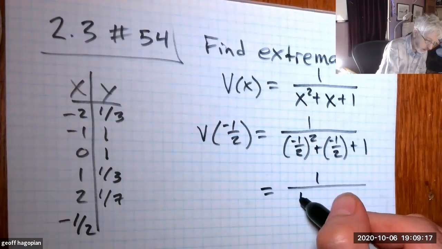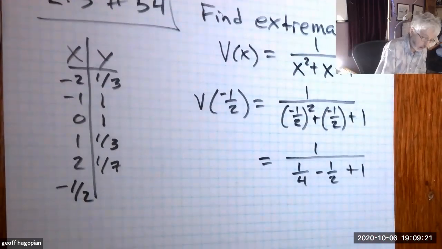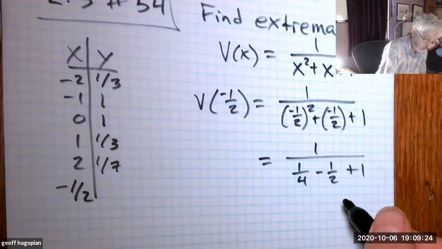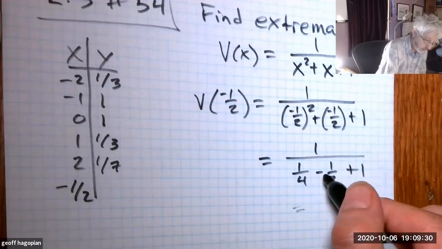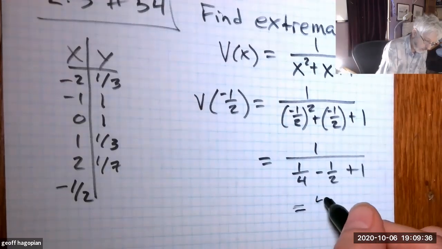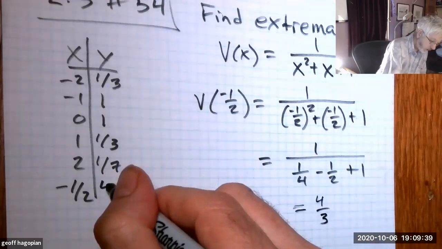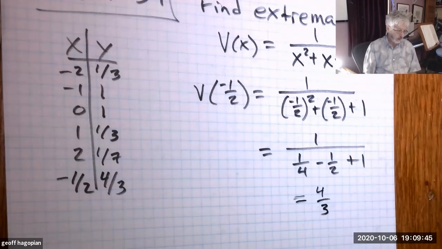So this is 1/4 minus 1/2 plus 1. This is -1/4 plus 1 is 3/4, and the reciprocal of 3/4 is 4/3. Notice that that's bigger than 1. So v of -1/2 appears to be the maximum output.